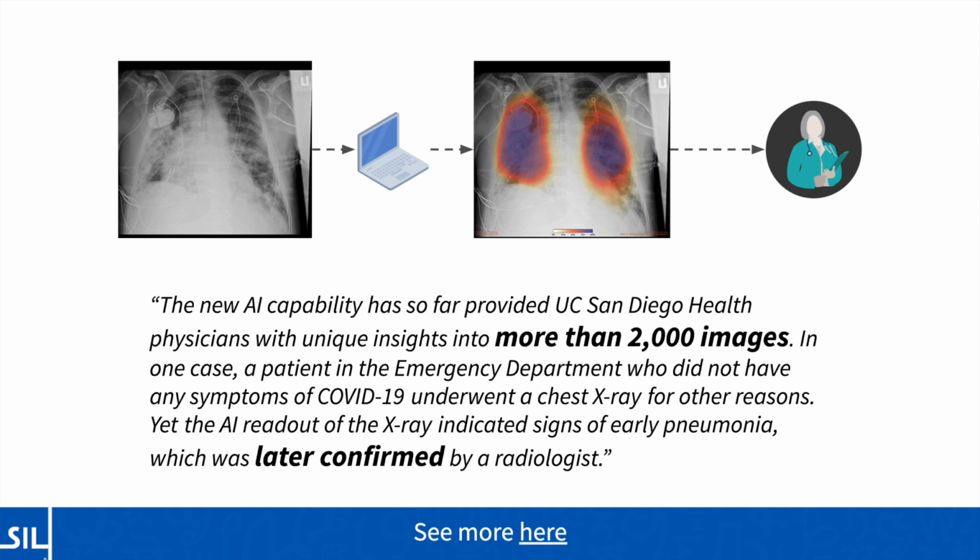In fact, these copilots are allowing for early detection of life-threatening conditions. In one case, a patient in the emergency department at UC San Diego Health who did not have any symptoms of COVID-19 underwent a chest X-ray for other reasons, but the AI copilot indicated there were early signs of pneumonia, and a radiologist later confirmed this finding.